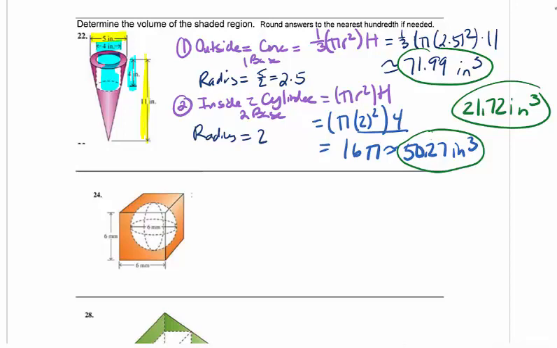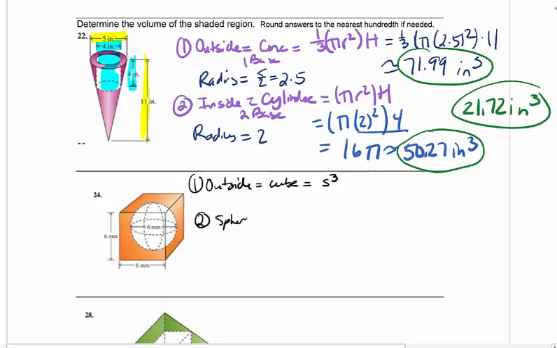Going to number 24 that's listed on here, we have an outside figure, and when we look at those sides, they match, so that's going to be a cube, which should be side cubed for my formula. My inside figure is a sphere. No shortcut here. It's 4/3 pi r cubed.